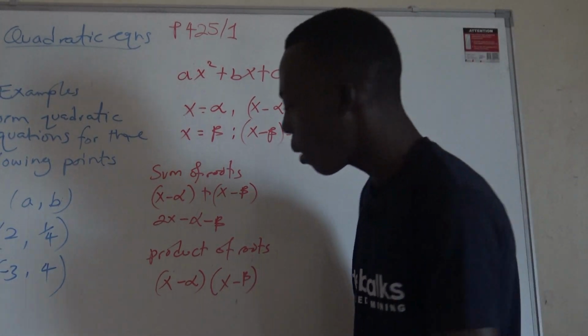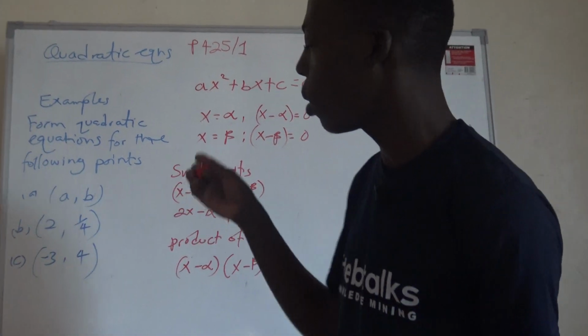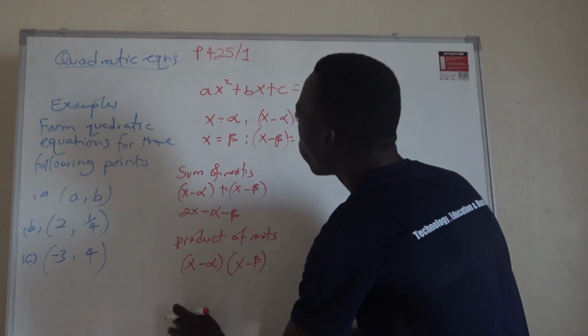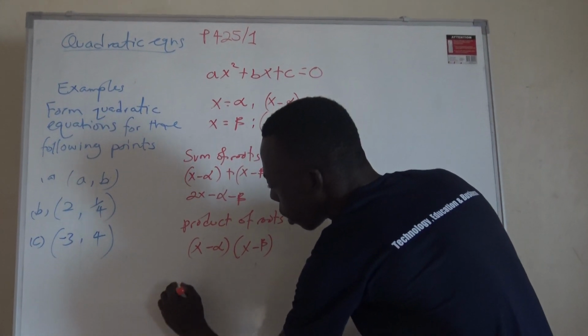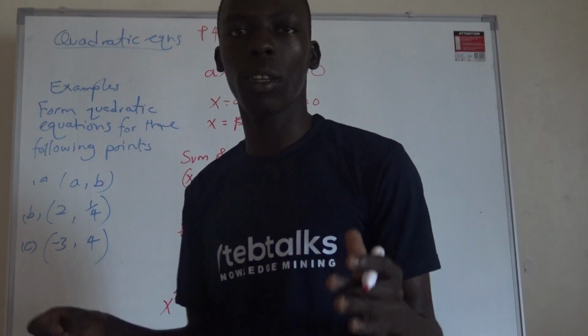After getting the product of roots, you have to get now the general quadratic equation. You get the value of x squared, assuming the quadratic equation is in a component of x.